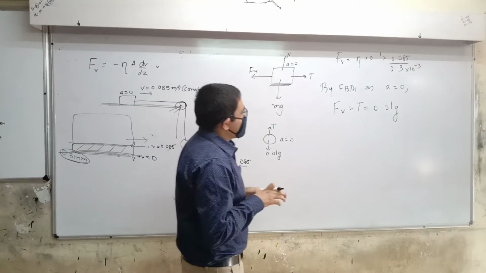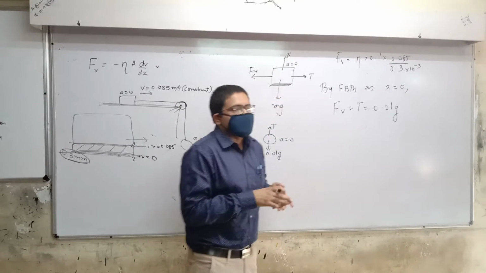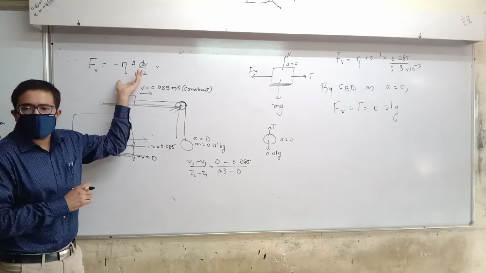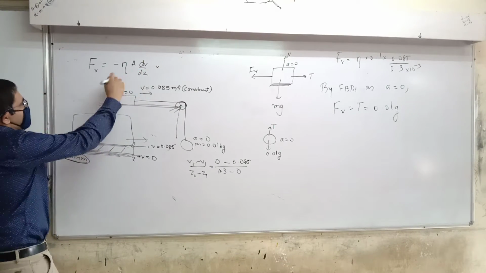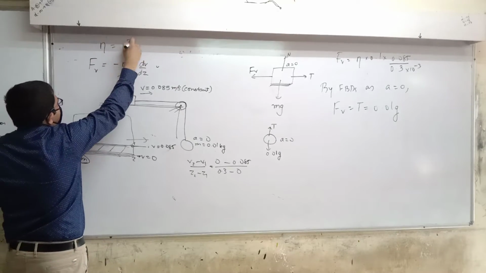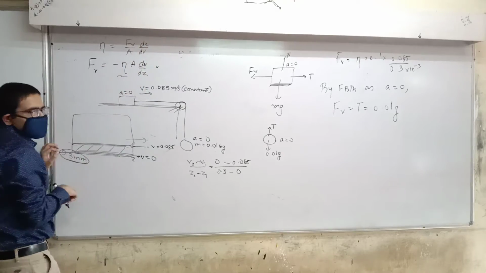I'm not going to do the calculation on the board. I'll just tell you the unit. See, you can easily make the units if you know the formula. So if you want to make the unit of eta, then eta in units should be equal to Fv upon area into dz by dv.